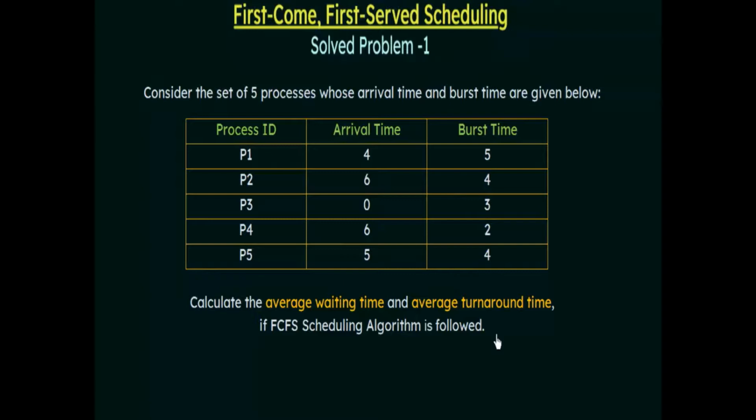Process P2 comes at 6 units of time and the burst time is 4 units of time. P3 comes at 0th unit of time and the burst time of this is 3 units of time, and so on. Here we need to calculate the average waiting time and average turnaround time using the FCFS scheduling algorithm.